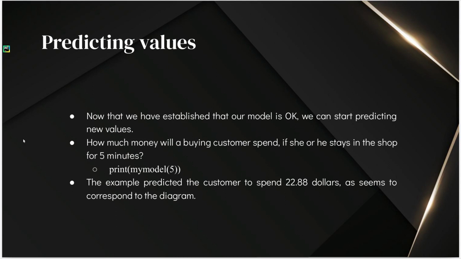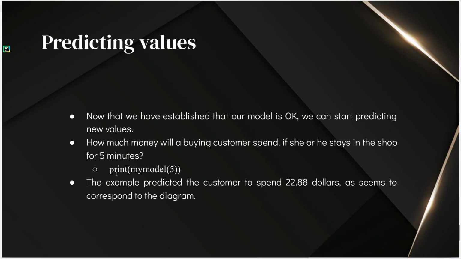Okay, and now let us talk about predicting values. Until now we have only talked about the R squared and how well the dataset fits the model. So we have established that our model is okay and polynomial regression is a good fit. So let us say we want to find out how much money a customer spends if they stay in the shop for 5 minutes.